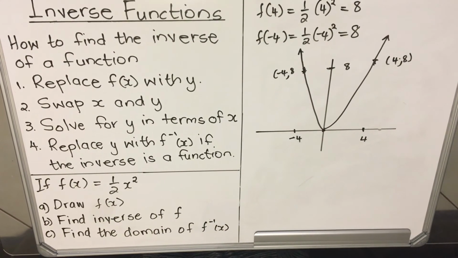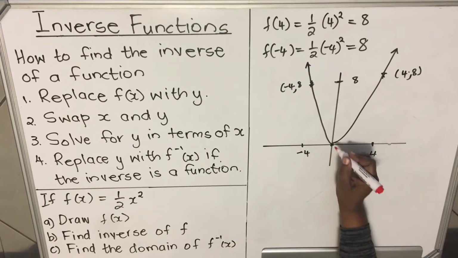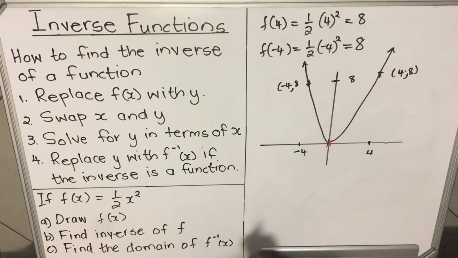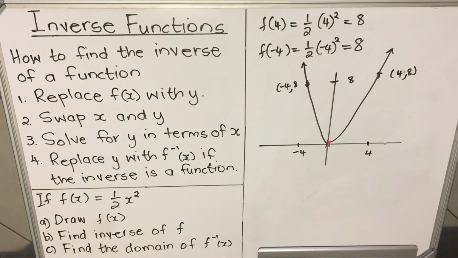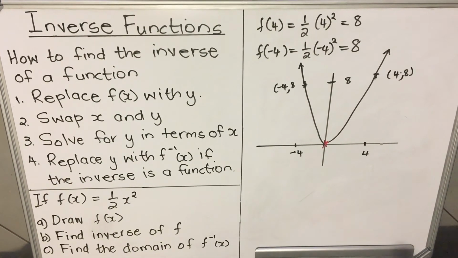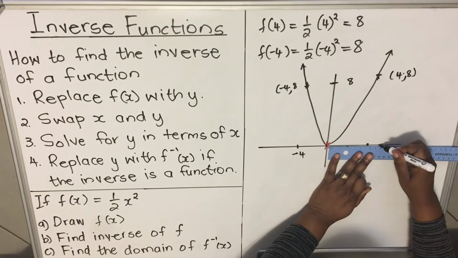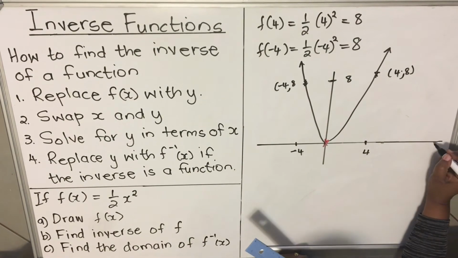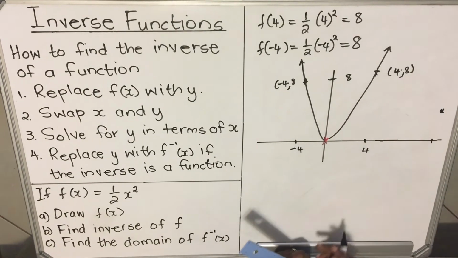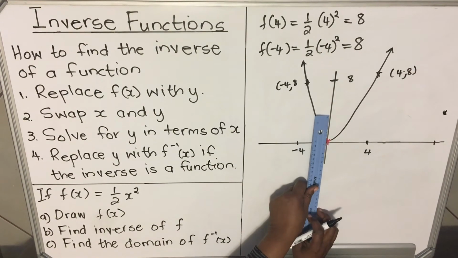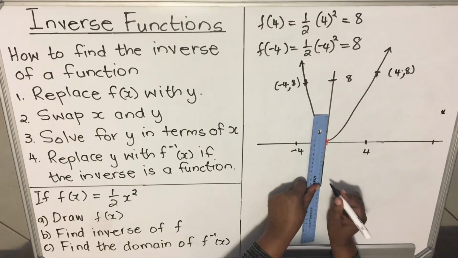Right, now I'm going to draw the inverse. When you draw the inverse, you just swap the coordinates around. 0 and 0 will still be 0 and 0. It will be there. 4 and 8 will be 8 and 4. So my graph is a little bit short here. And then minus 4 and 8, I'm going to swap the coordinates around.